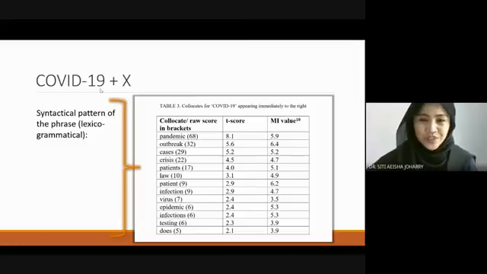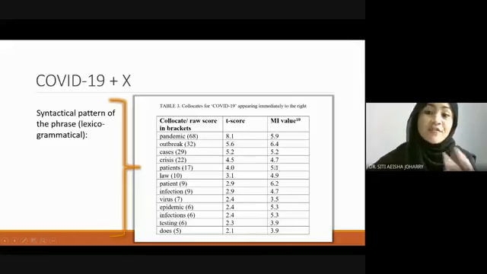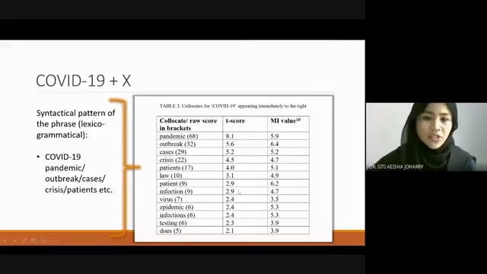And so, as you can see from the list, it's interesting to find out that pandemic is the most frequently associated word. However, it's not as strong as COVID-19 outbreak or COVID-19 patient. So you want to see that if you were to rely on just one statistic measure, it could be misleading. So here are some of the interesting findings.